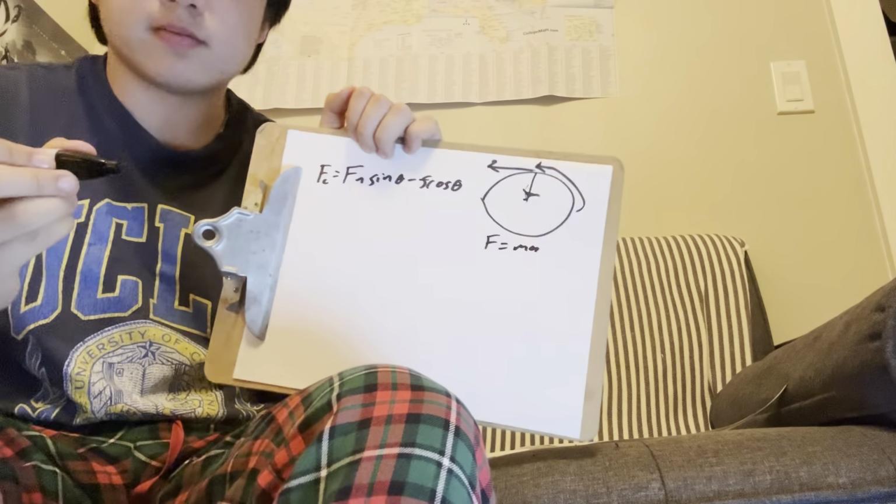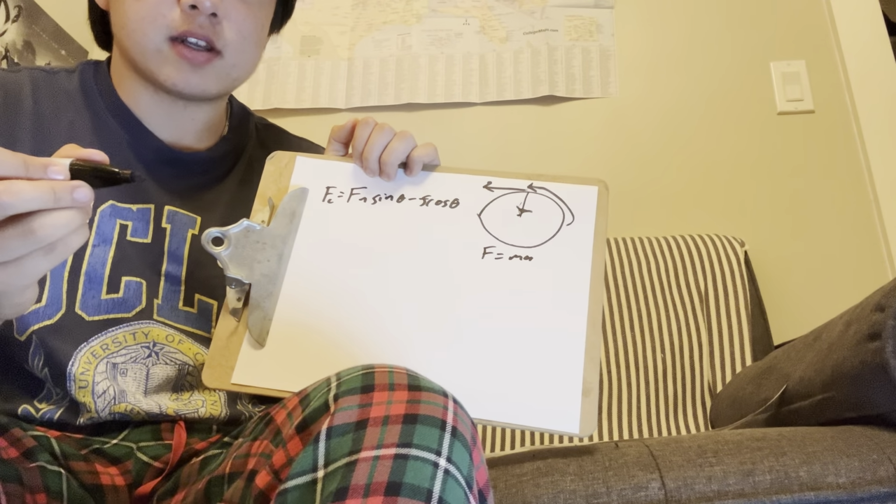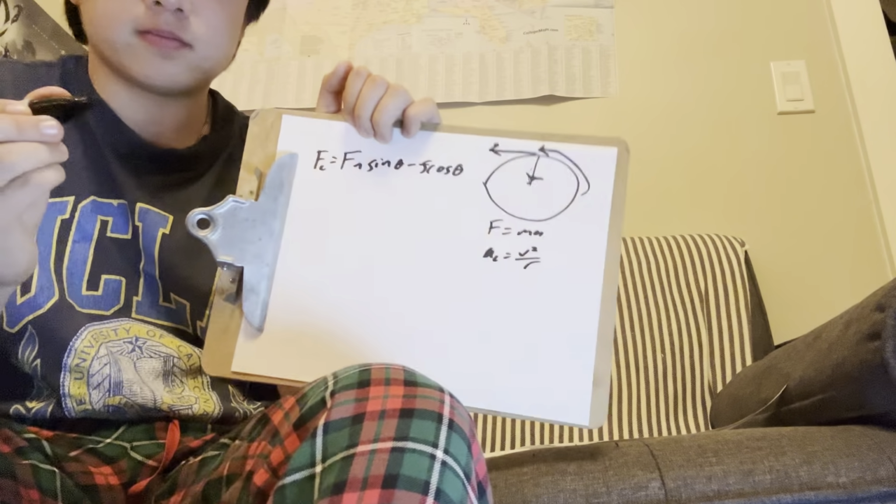Newton's second law states that F is equal to ma, and we know that centripetal acceleration, a c, is equal to velocity squared over radius.